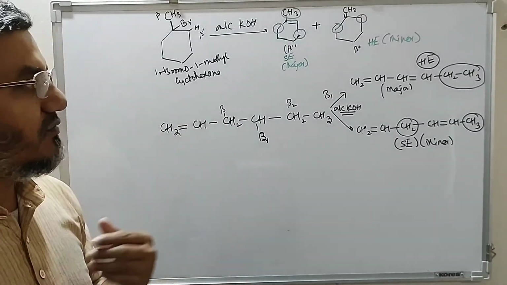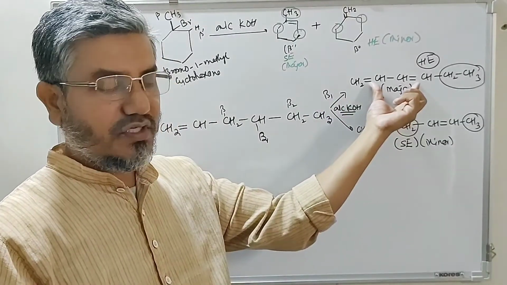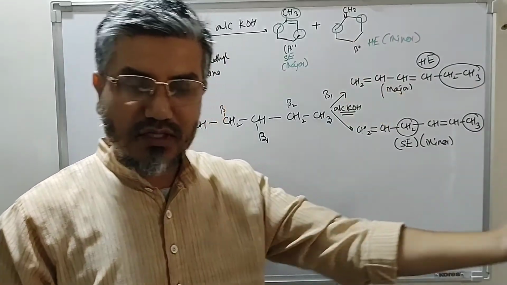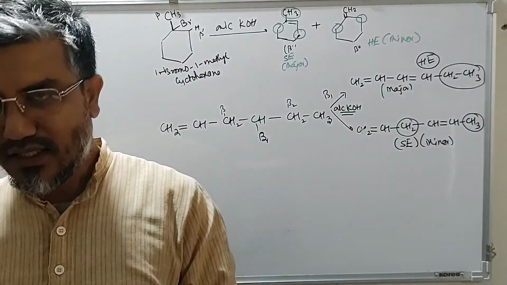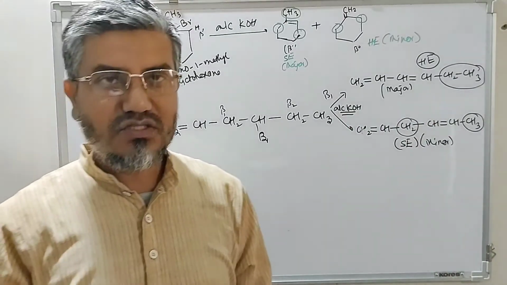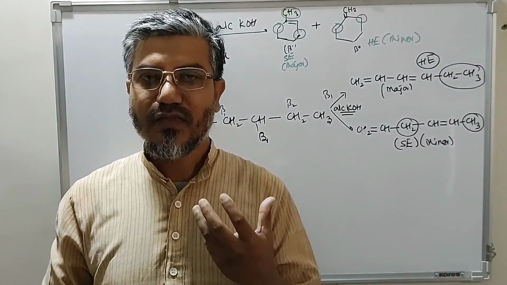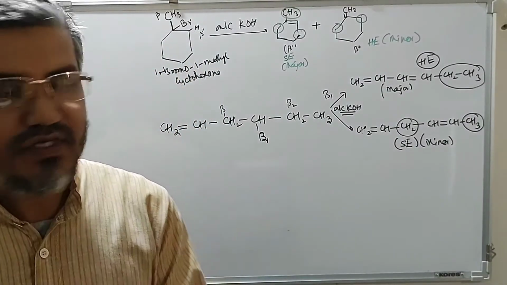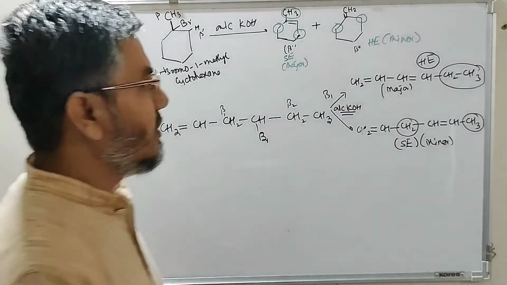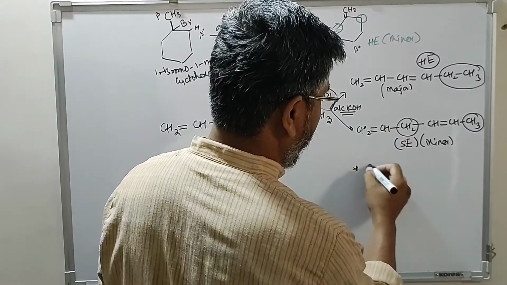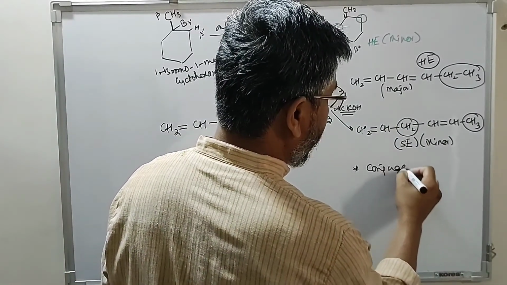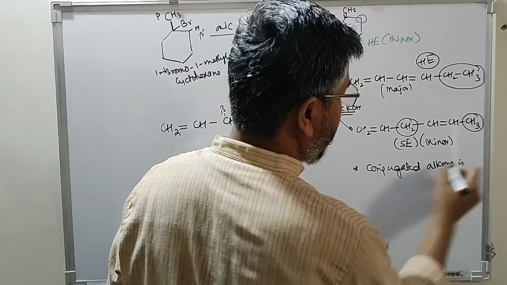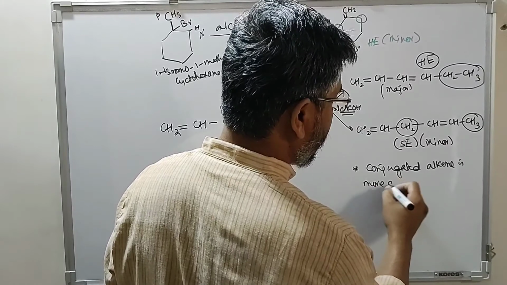As I have told you earlier, the more stable product should form as the major product. Now if you look at this, we have a conjugation here. A conjugated alkene is always more stable than a non-conjugated alkene. So whenever there is a chance for development of a conjugated system, that conjugated system will always form as the major product, because the conjugated alkene is more stable.